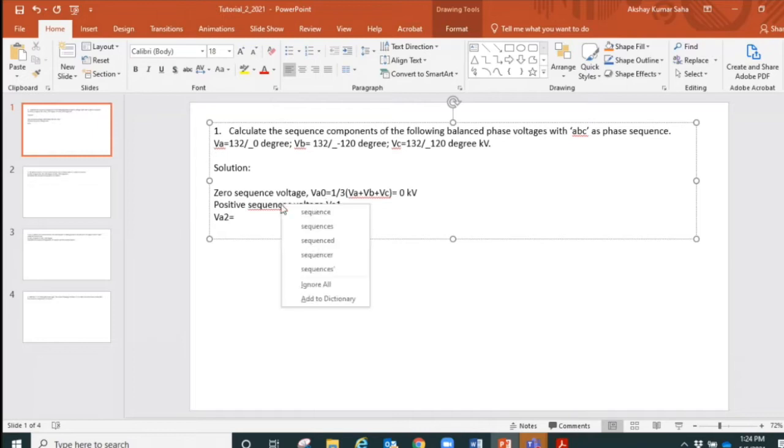So the positive sequence voltage VA1 is again 1/3 of VA plus aVB plus a squared VC. So you can now substitute those values of VA, VB, VC and find out the answer.